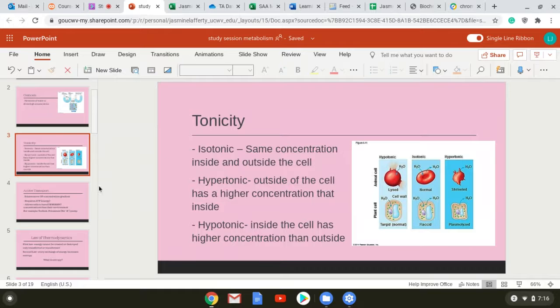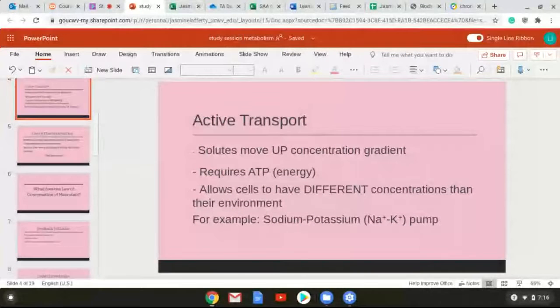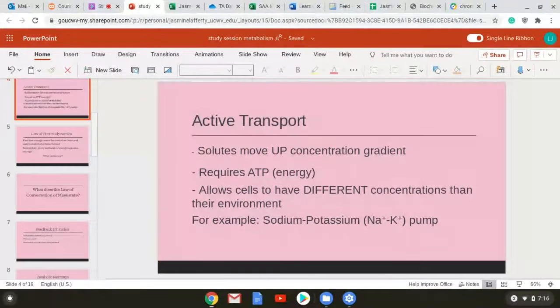Okay, so now we're going to move on to active transport. This is very, very simple what she wants you to know. So the main thing you need to know with active transport is that it requires ATP. Now, ATP is like the cell currency. And we'll learn all about this when we start glycolysis, I believe, in next chapter. Have you guys already talked about glycolysis in lab?